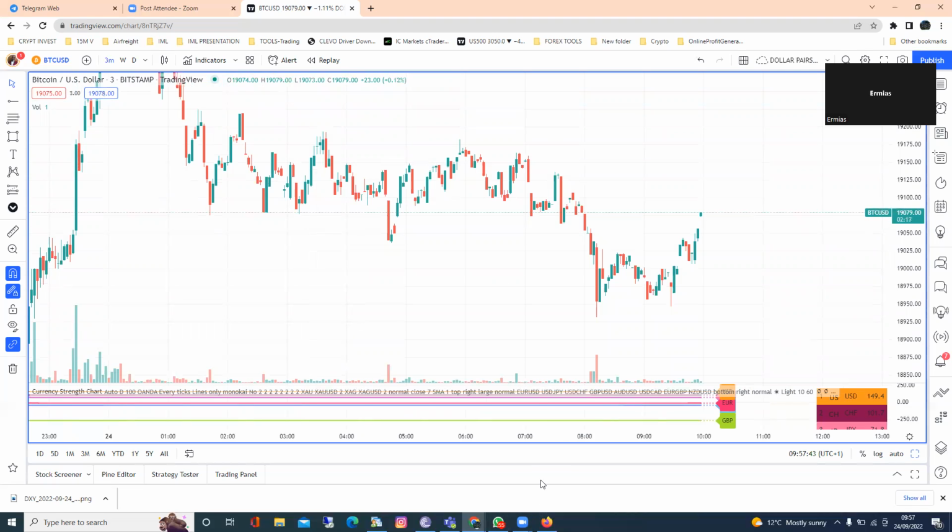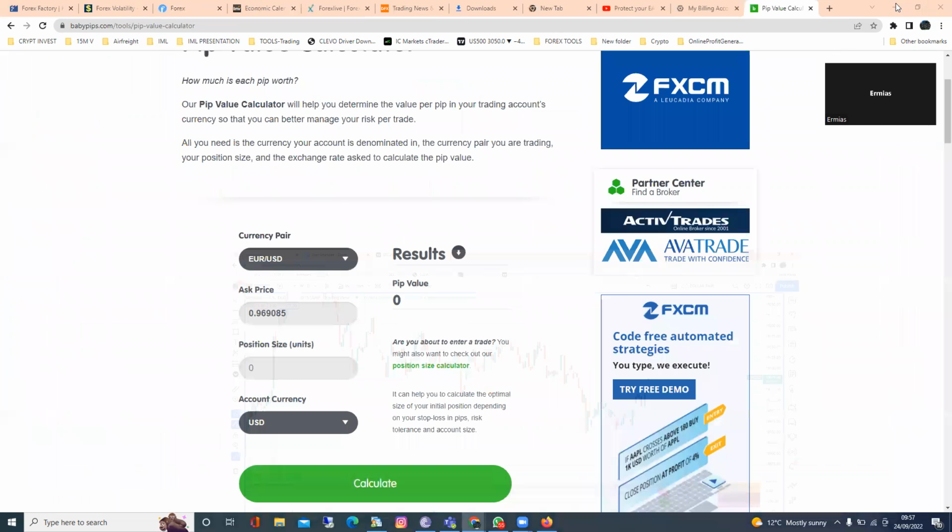Right, so that is a pip, and then sometimes that pip value, let's look at it.